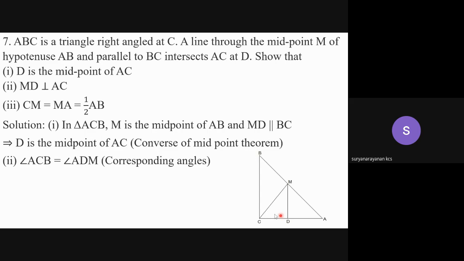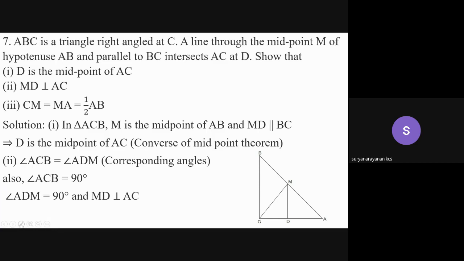You know that if two lines are parallel, corresponding angles are equal. Yes or no? Also angle ACB is equal to 90 degrees. Therefore, angle ADM is equal to 90 degrees and MD is perpendicular to AC.